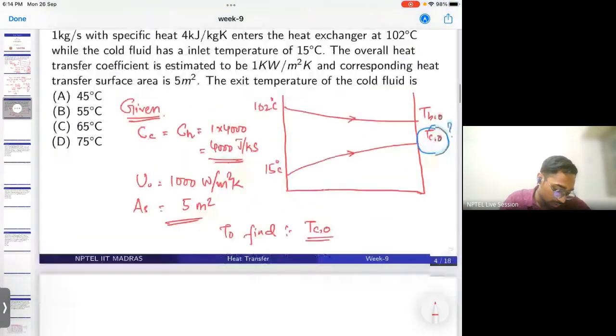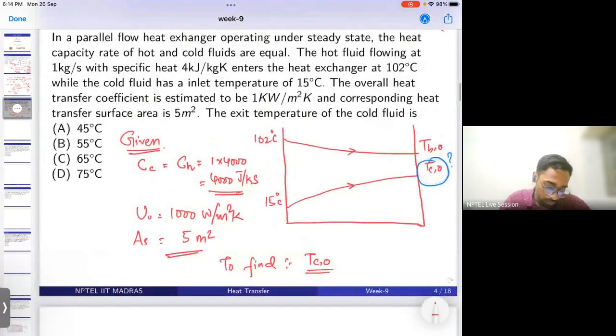So how to start? The exit conditions of both the fluids are not given. We are not given the effectiveness of the heat exchanger like the previous case. So we have to actually apply the effectiveness NTU method.